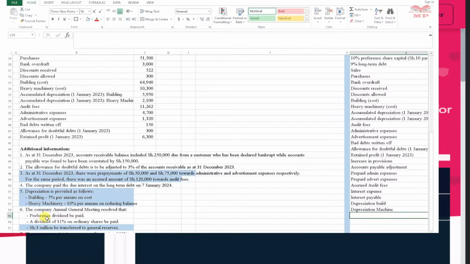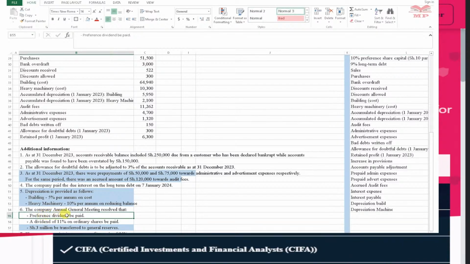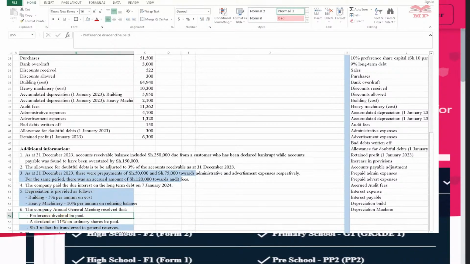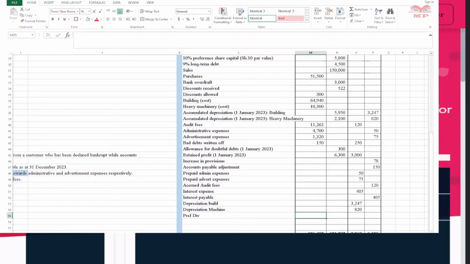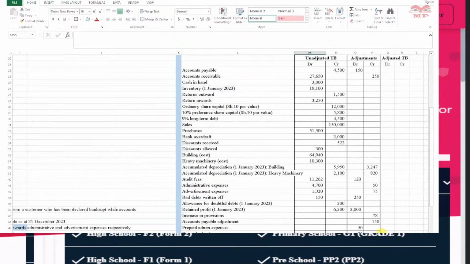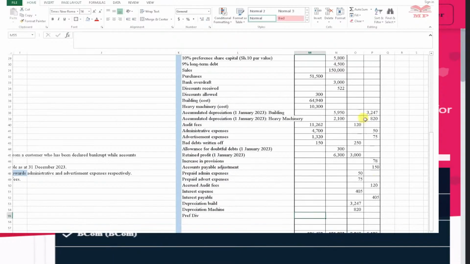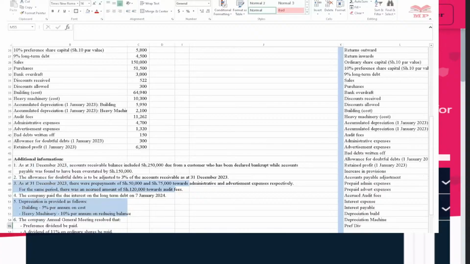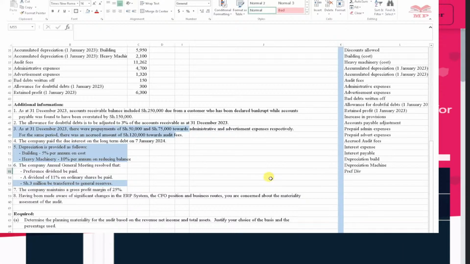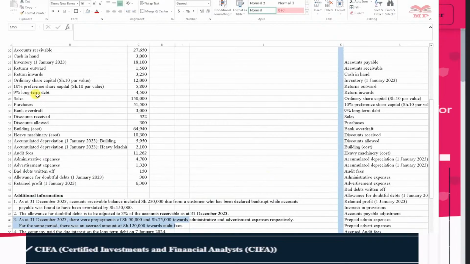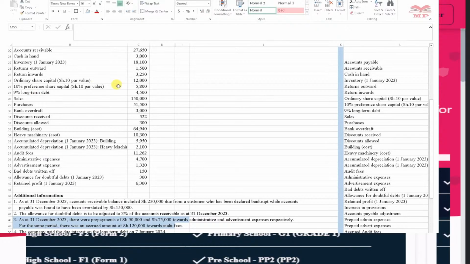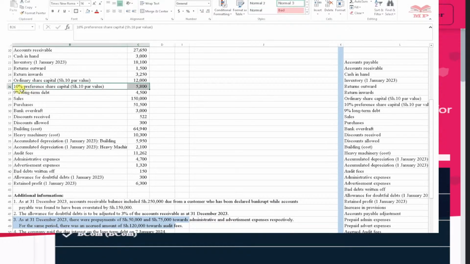We need preference dividends to be paid. The preference dividends have been given to us here. We have not made any. 10% of 5,800.